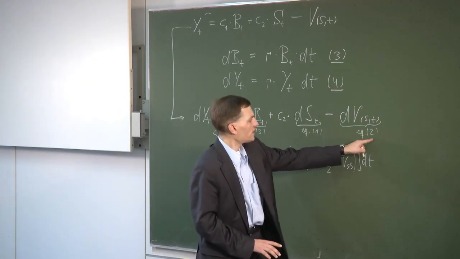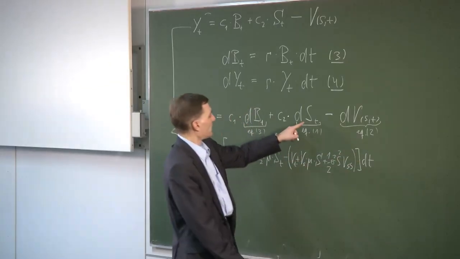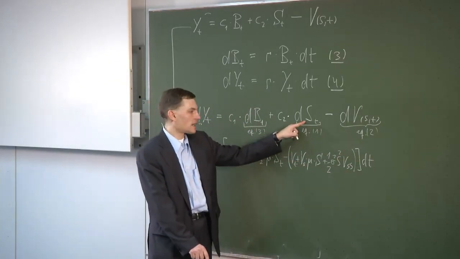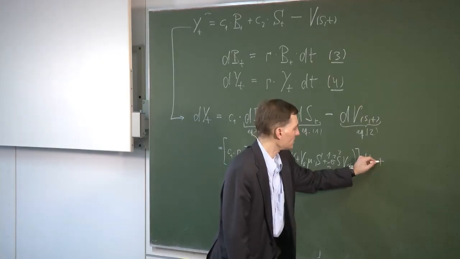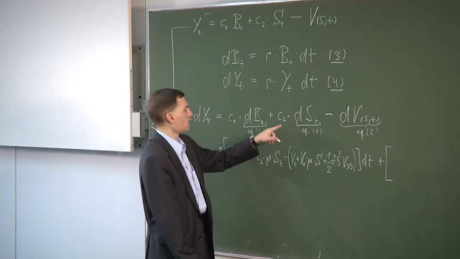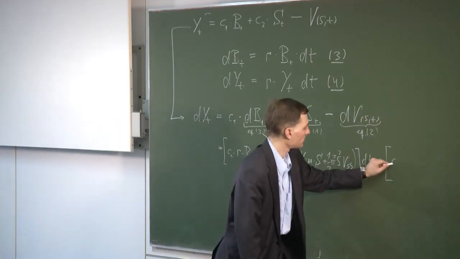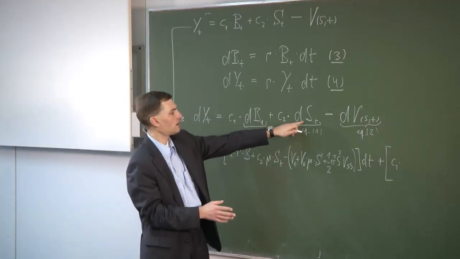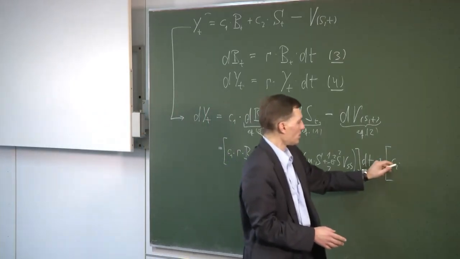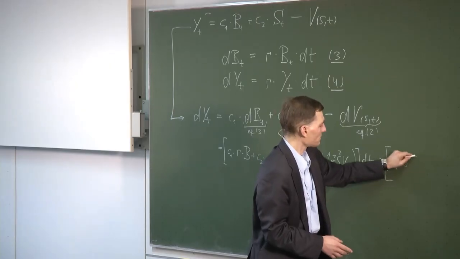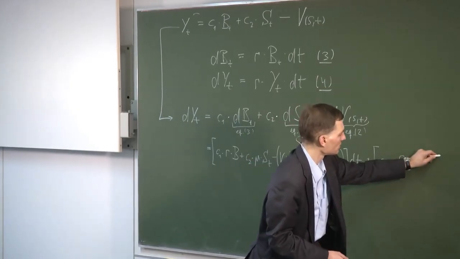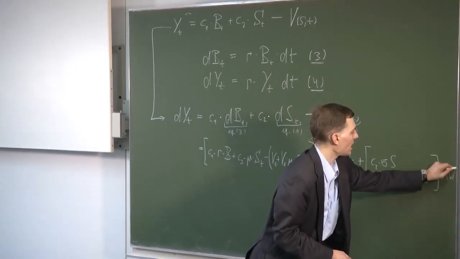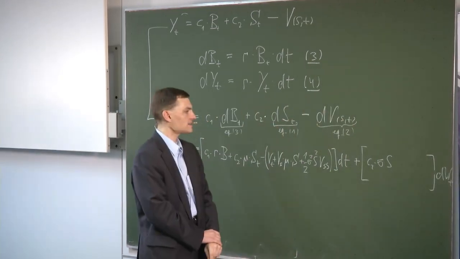But in equation 2, there's also a dw term. And in my equation 1, there's a dw term. So I have to add here now C2 times the second term of the right-hand side of my equation 1, which is sigma S dw. So I will factor out the dw outside of the brackets.